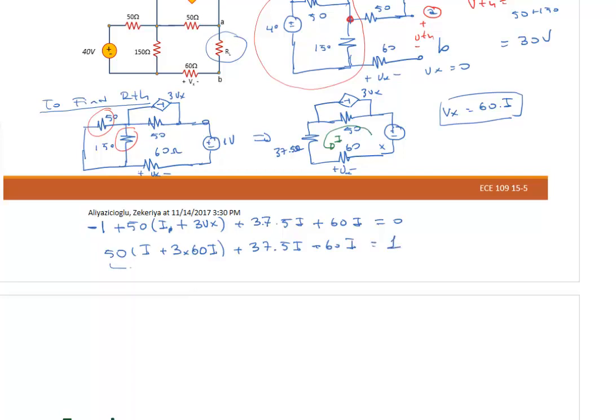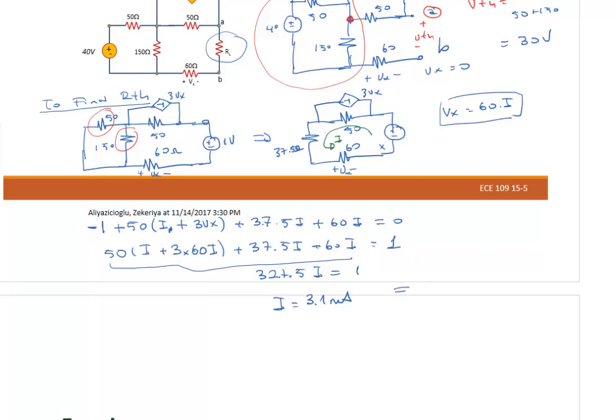So when I combine all these I's together, I will have 327.5 I equal to 1. Then I will be equal to 3.1 milliampere. So RTH actually is this.